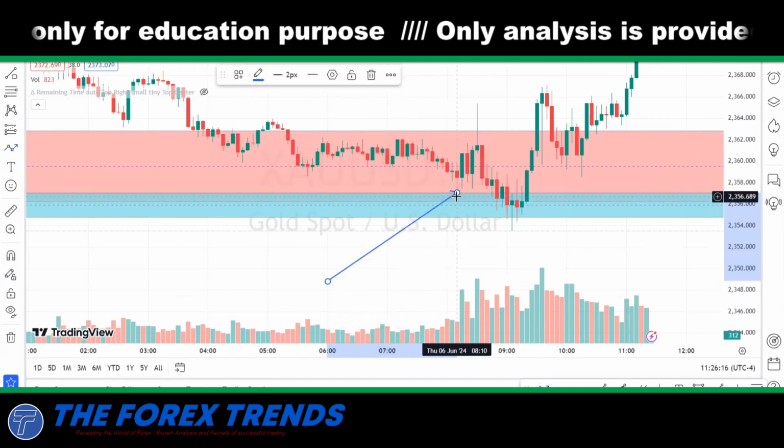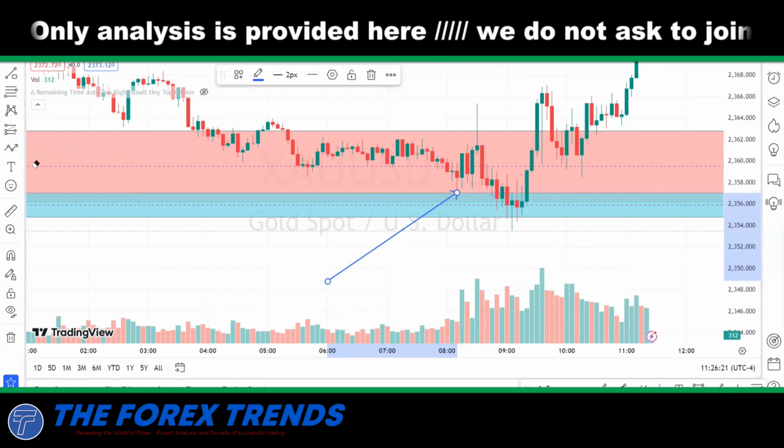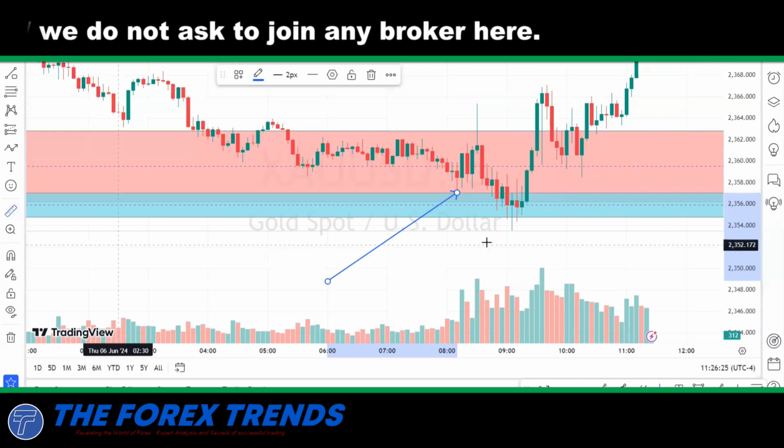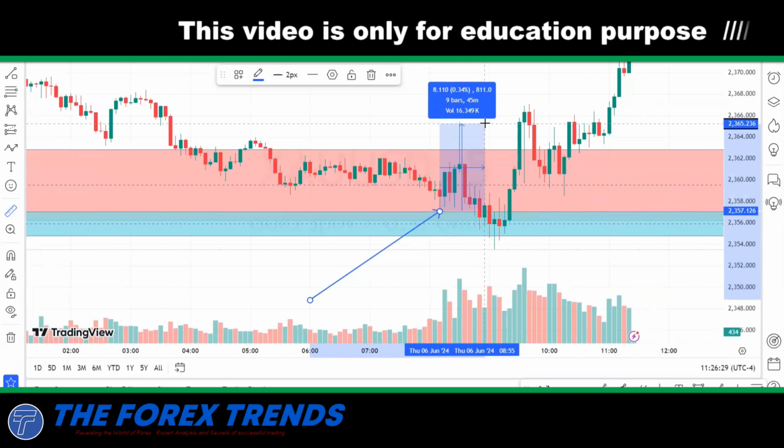After that it gave me near about 80 to 90 pips, I think. Look, it gives around 80 pips.